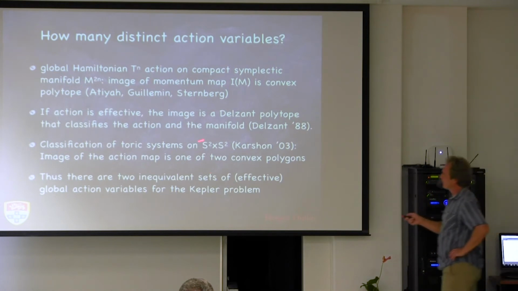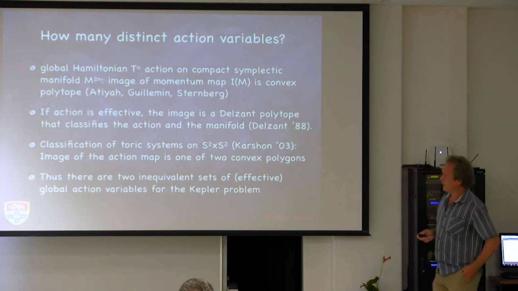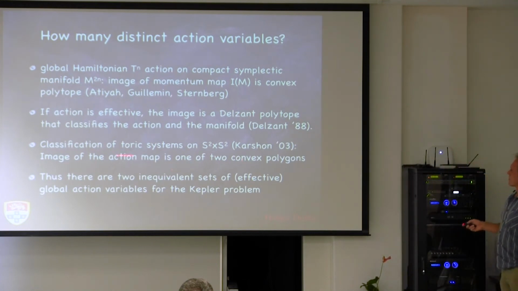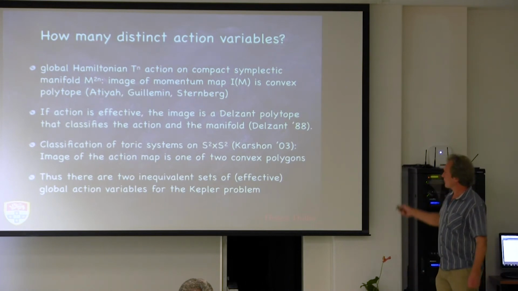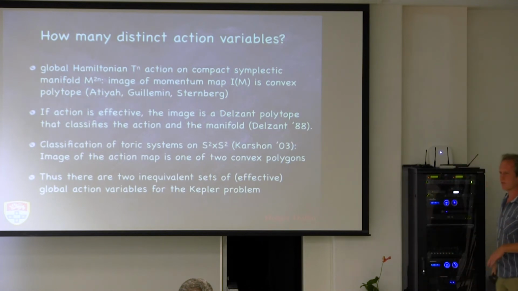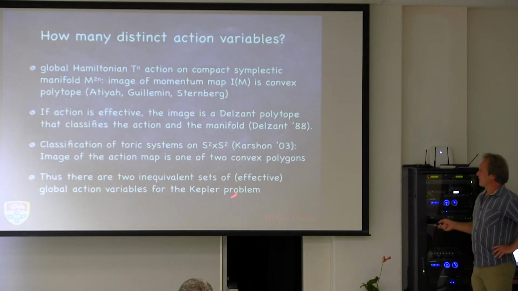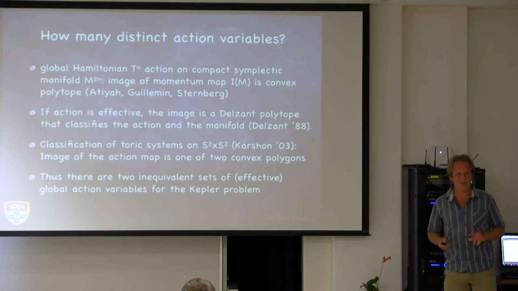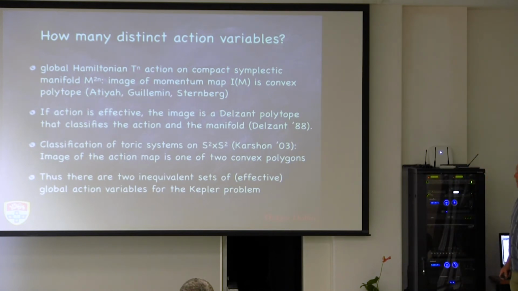Toric systems on S2 cross S2 have been classified in this setting by Karshon, and the image of this map for integrable toric systems on S2 cross S2 can only be one of two convex polytopes. Because it's Delzant, they're rigid, they can't move much. There's a very strict condition on the slopes of the edges. And so in that sense, one can say there are two different sets of action-angle variables for the Kepler problem.